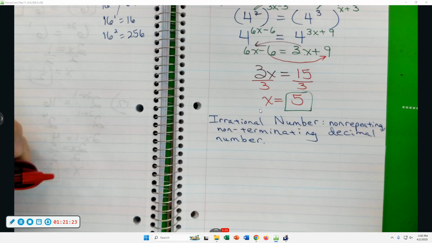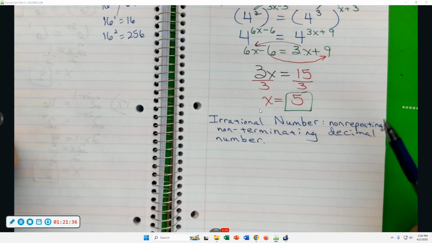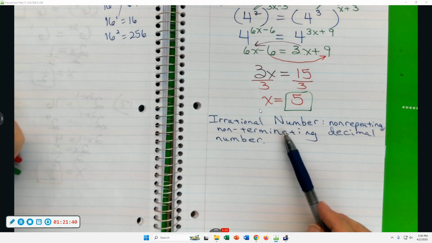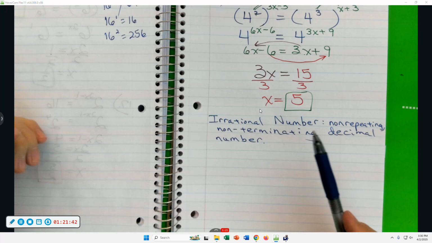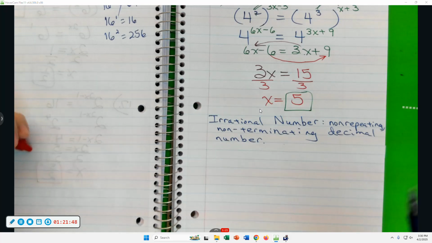It's not 0.33333, well that's 1/3, that's a rational number. And it's not repeating 0.251251. It's not repeating the same block of digits over and over, and it never ends. Since the digits never end, to express the exact value of an irrational number, it's impossible to write out all the digits, so we have to use symbols.